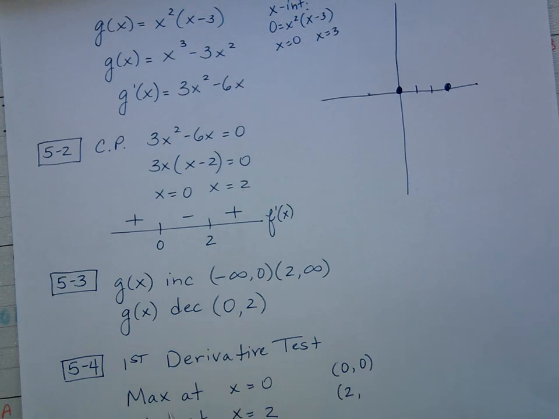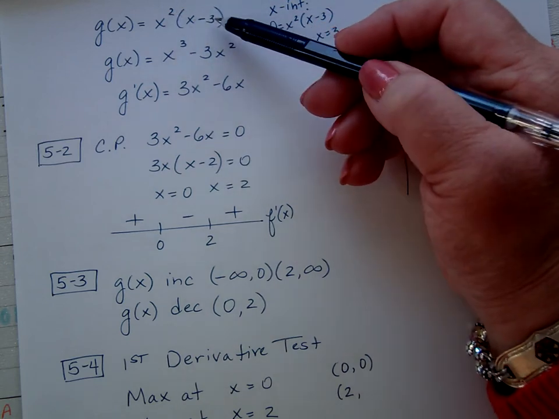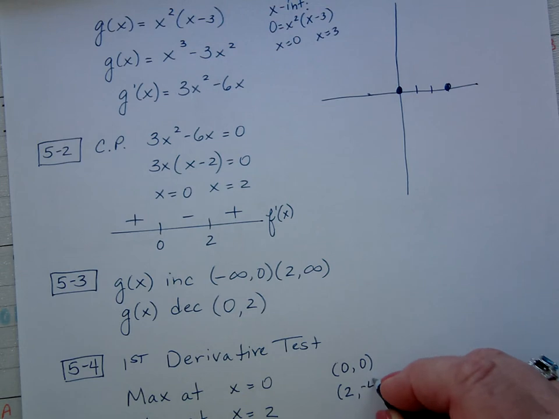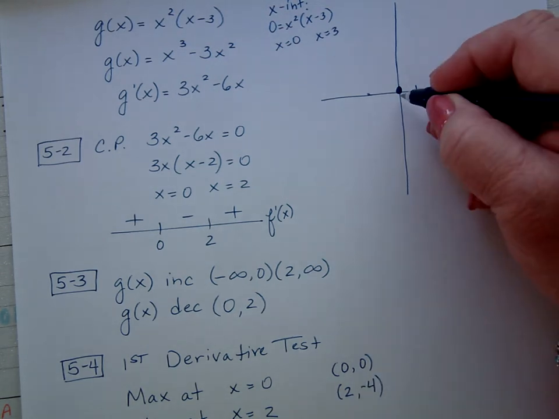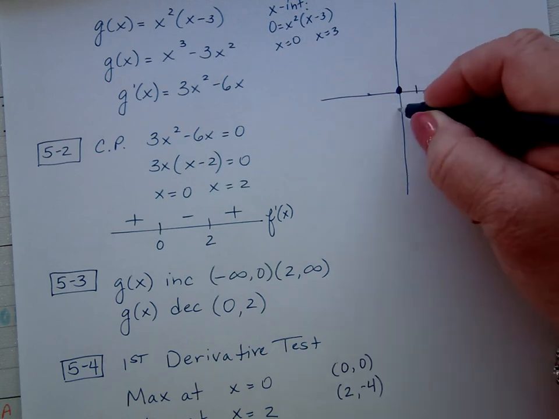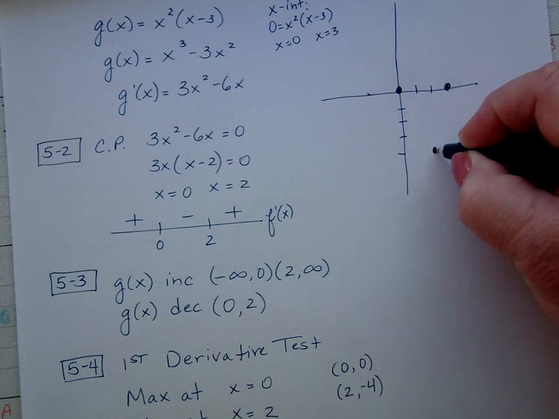So I have a maximum at 0, 0. If I put a 2 in here, 2 squared is 4, 2 minus 3 is -1, 4 times -1 is -4. That tells me that at 2, -4, I have a minimum.